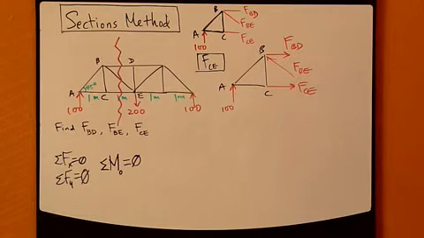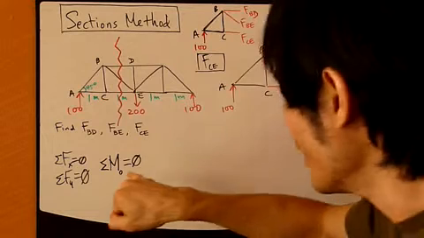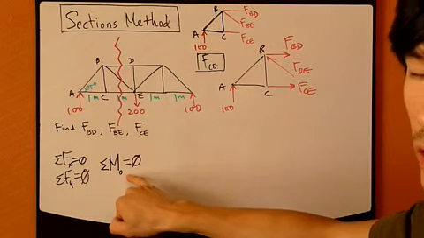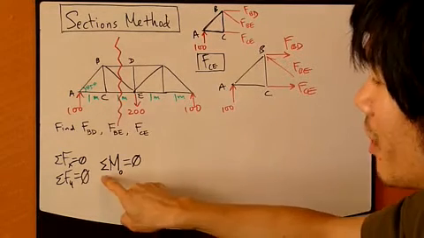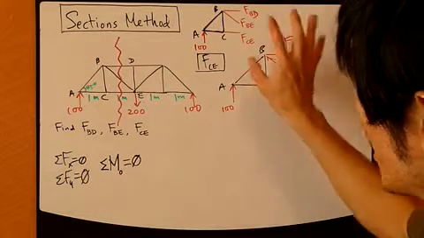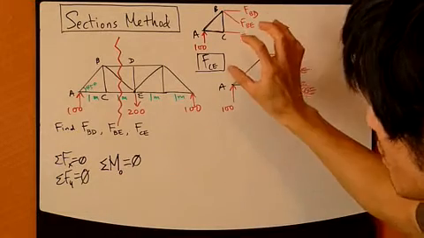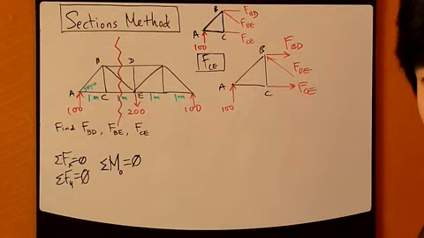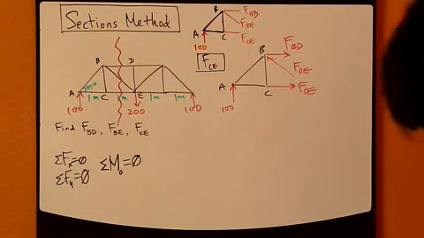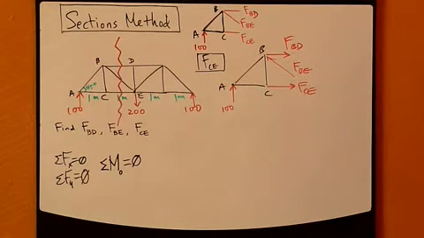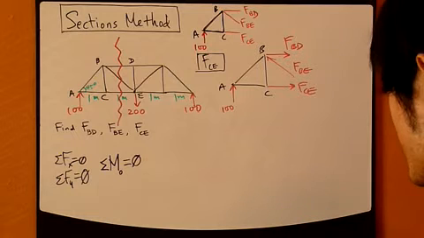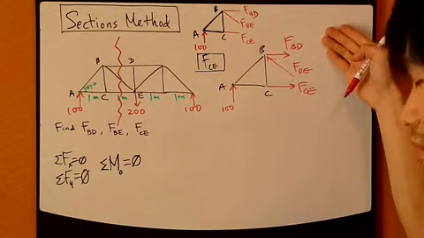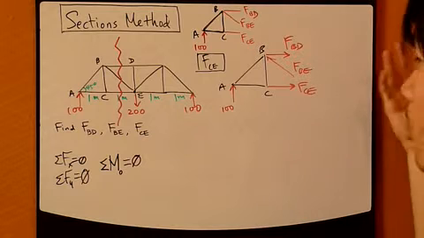In the section method, this is the equation that you'll be using over and over and over. So the sum of moment of the entire free body diagram about any point equals 0. Let's do that: the sum of moment from all these 4 forces about some point.